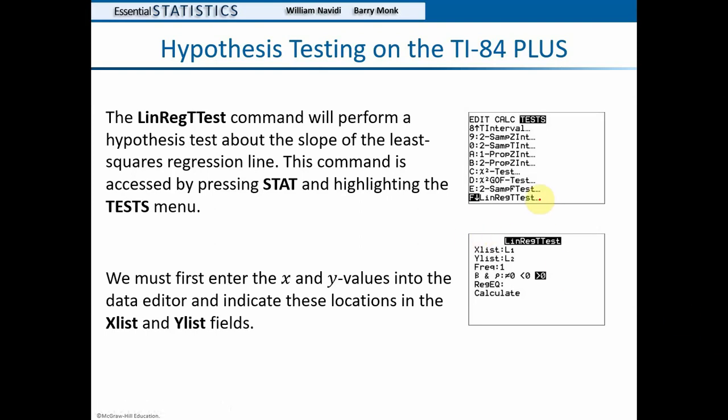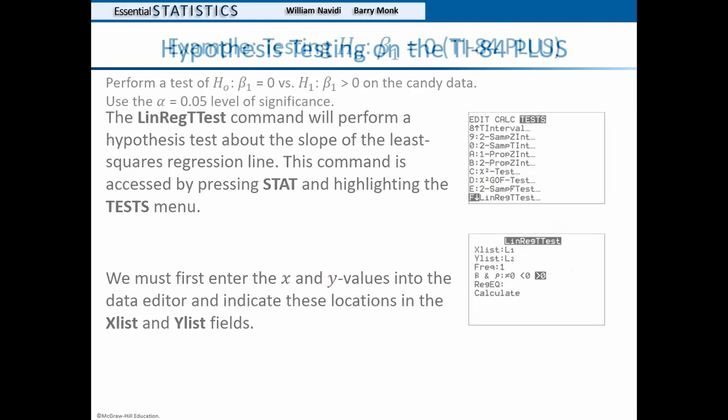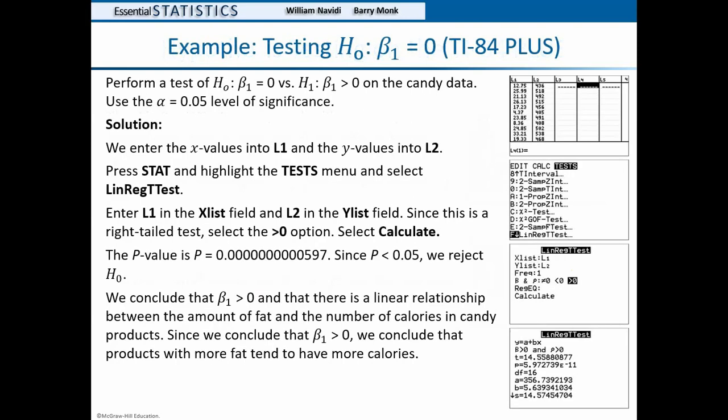So here is, again, on the TI-84, if you go back through your stat test, the linear regression t-test would be the hypothesis test for this, okay? And here it gives you beta and rho not equal to 0, the greater than 0 test. Then we do the calculate. Here would be everything based on this.